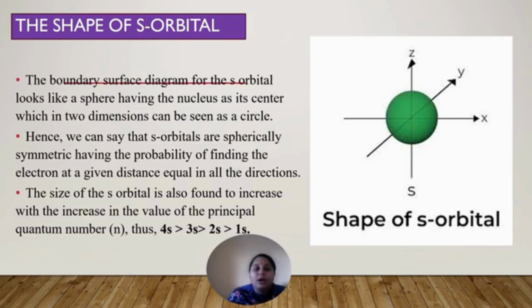Wherever you put an axis, it reaches the same point on the other side. As the principal quantum number n increases, the size of the s orbital also increases. 4s is greater than 3s, greater than 2s, greater than 1s.